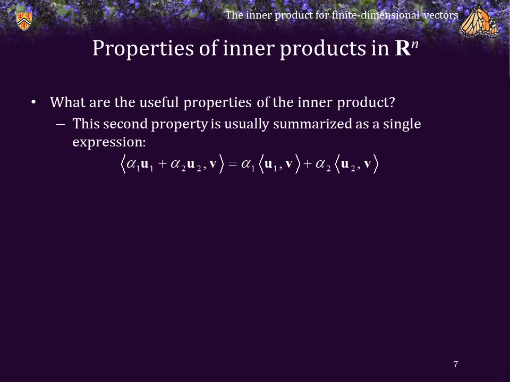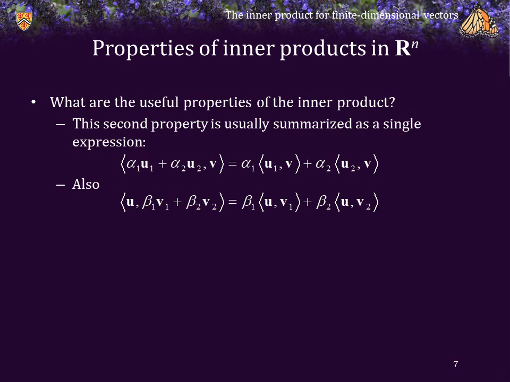This second property is usually summarized as a single expression. The inner product of a linear combination of vectors and v is equal to that same linear combination of the inner products of those vectors inner producted with v.